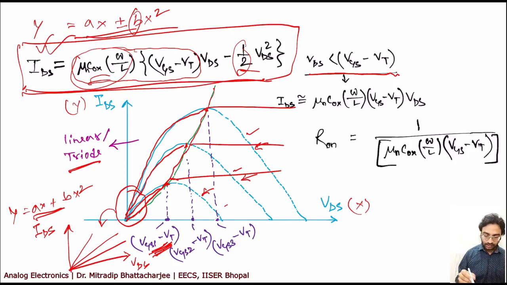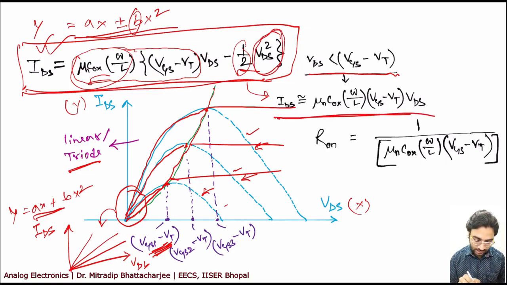Now if you take this equation and neglect this term because VDS is very small, you end up with this equation, which is perfectly true in this deep triode region. That's why you see they are almost linear.